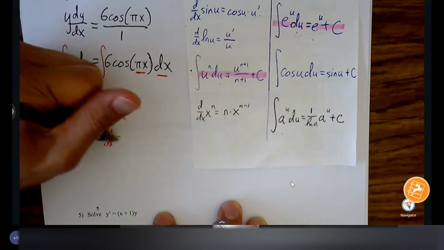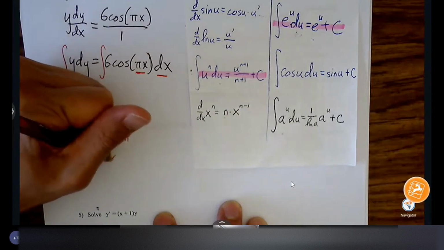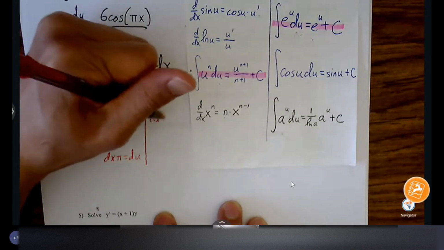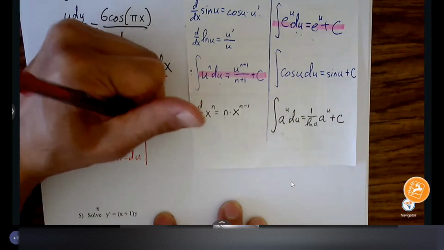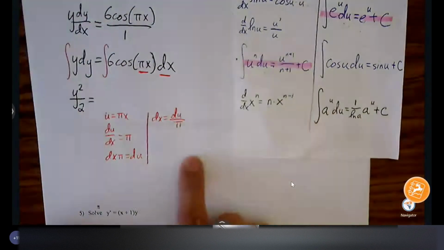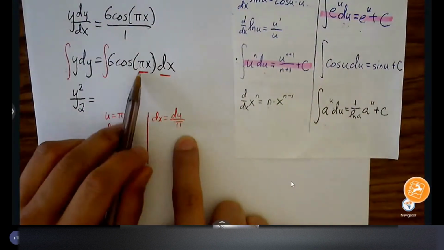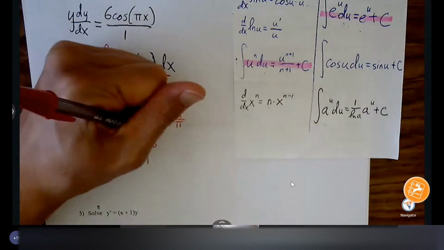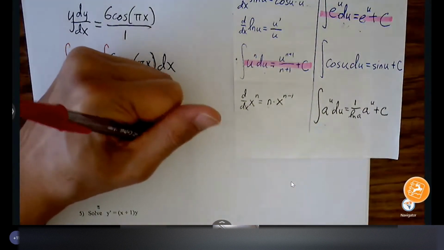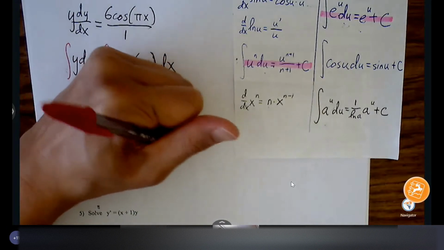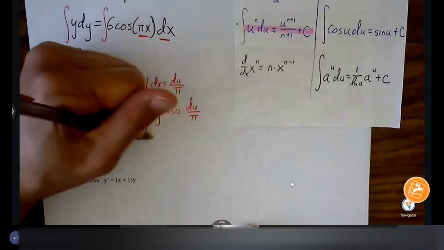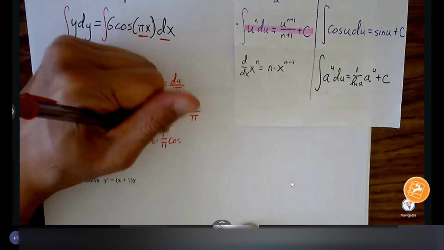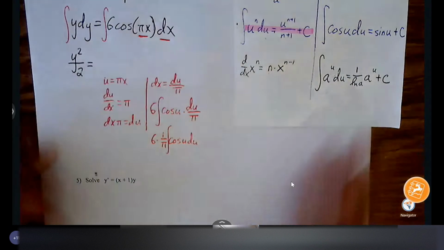du over dx equals pi. Make that substitution here. So pi x becomes u, dx becomes du over pi. We keep track of that 6. That pi comes out as a denominator, so 6 times 1 over pi, integral of cosine of u du.